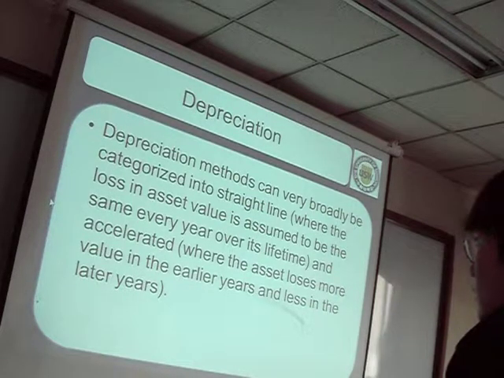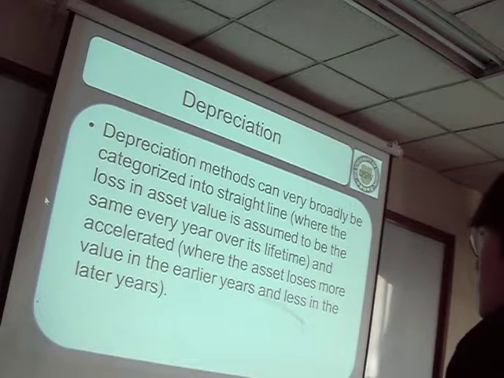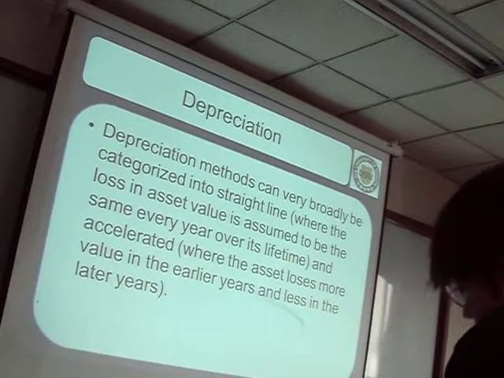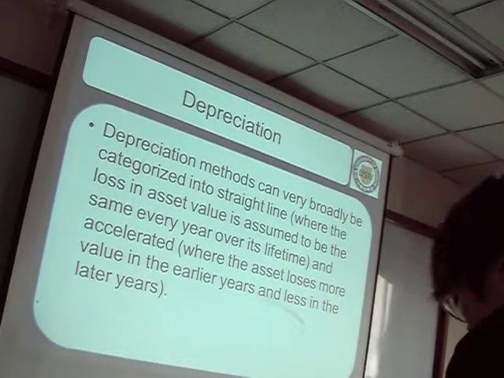This will get to zero eventually, and this will get to zero. So when we get to zero, it doesn't have any value. So accountants can use whatever they decide. They can decide to use accelerated depreciation, or they can decide to use straight line depreciation. So we'll talk about that later.